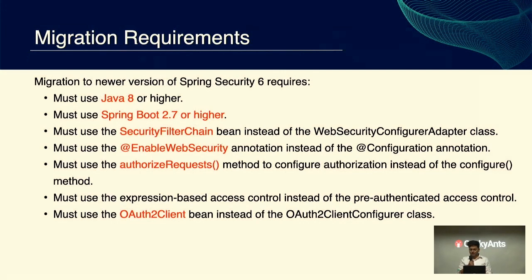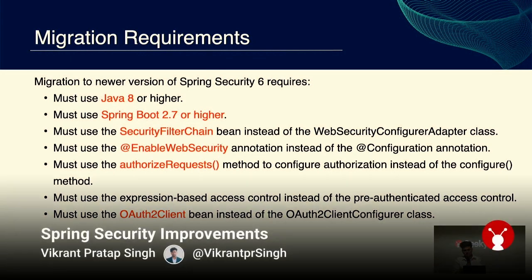In that case, Spring Security 6 is ensuring us to make use of expression-based access control rather than pre-authenticated, because it will not kill the primary execution thread, and it will continue with the same flow of execution rather than going to a different website, confirming and then coming back and continuing with the security purpose.